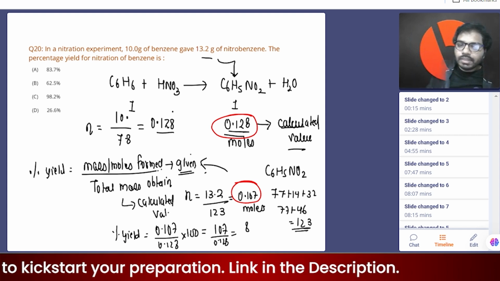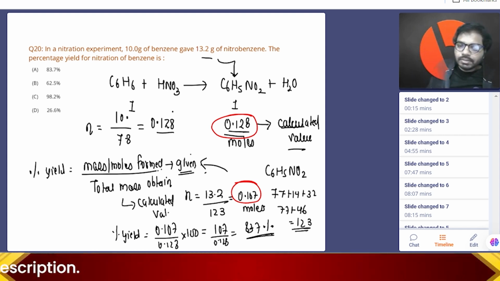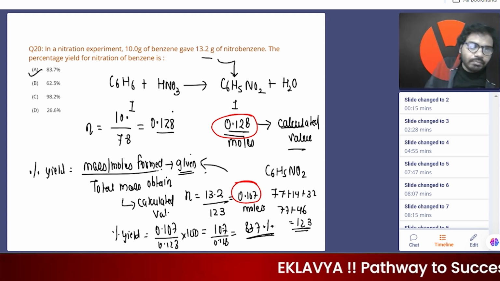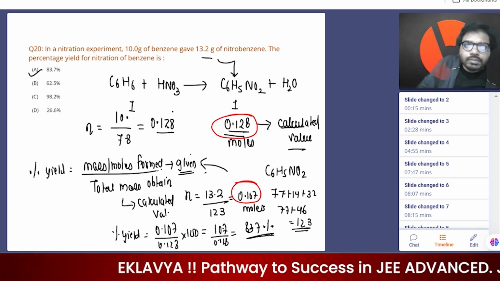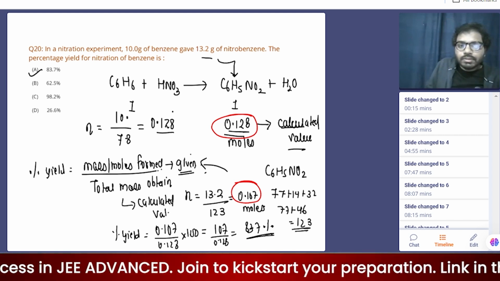On solving, we will get almost 83.7%. Okay, so only the calculation is required. So the correct answer for this question here will be A. The value we get here is 83.7%.